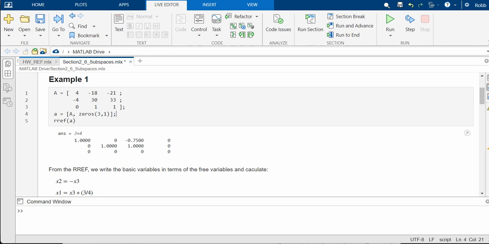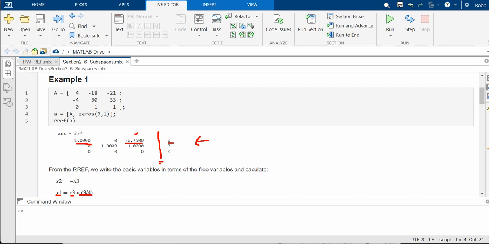And what do we find out? Well, we find out that 1 times x sub 1 minus 3/4 of x sub 3 equals 0, right? Here's where the augmentation line is, so that's basically where the equal sign is. And then we take the top row and we see that x sub 1 equals x sub 3 times 3/4.